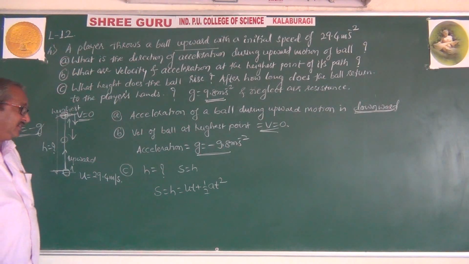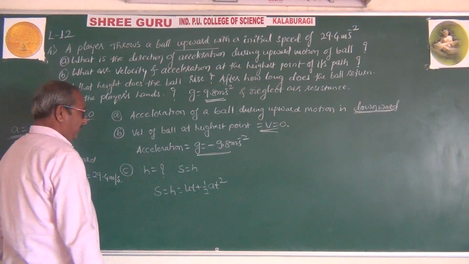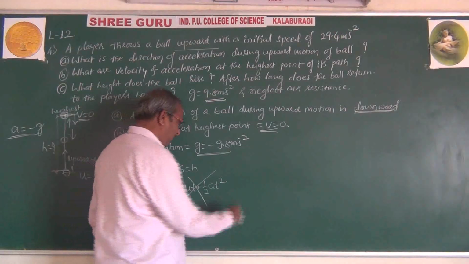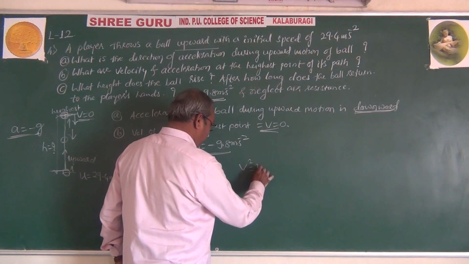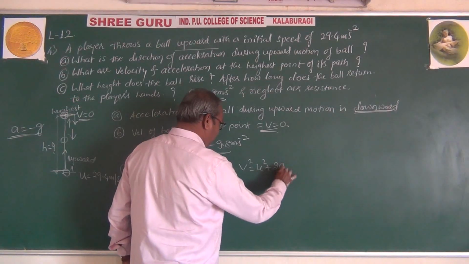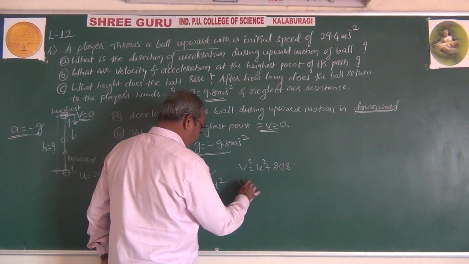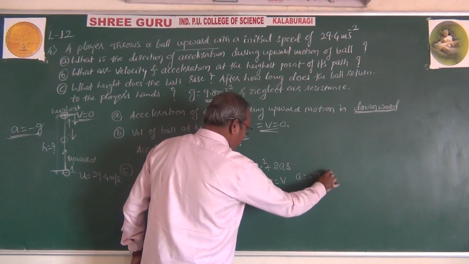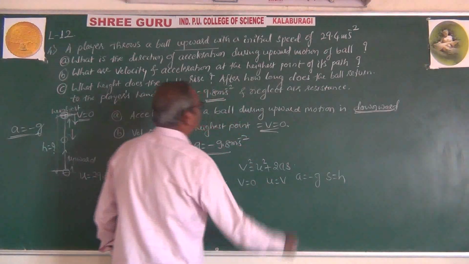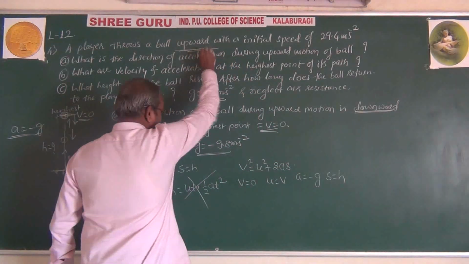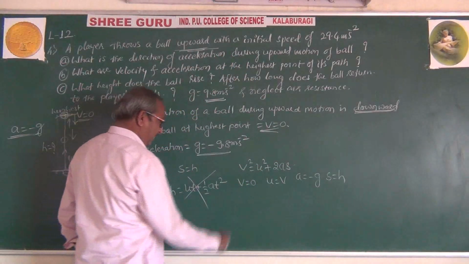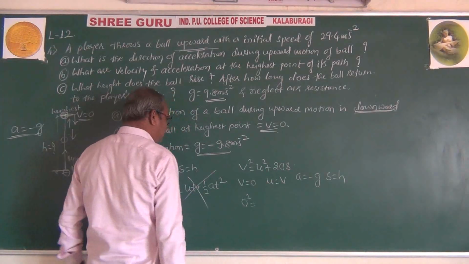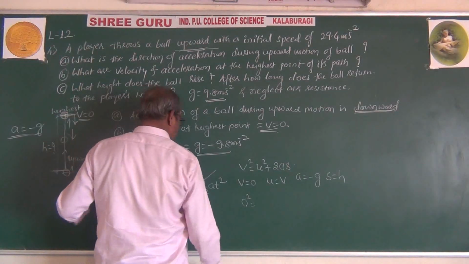Here a equal to minus g, so this formula is not useful, but v square equal to u square plus 2as is. Here v equal to 0, u is the initial value, a equal to minus g, s equal to h. Now this equation is 0 square equal to u squared. What is the initial value here?